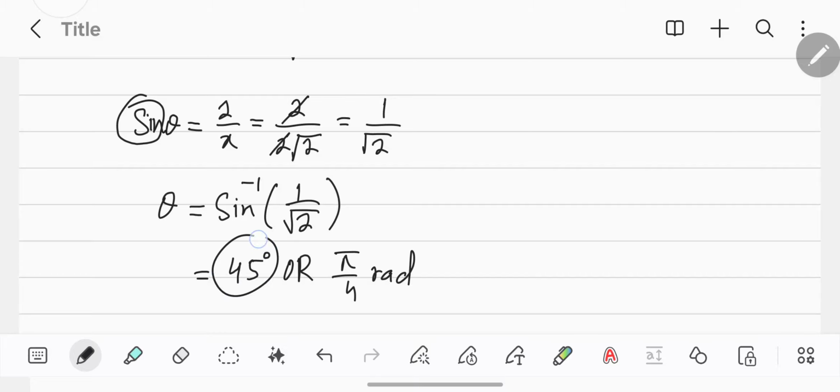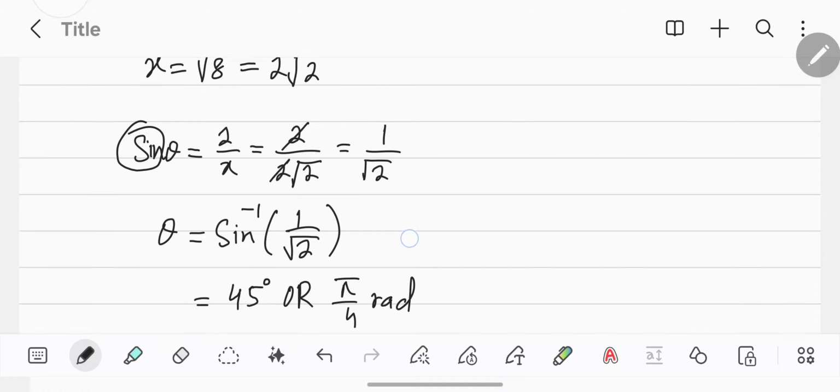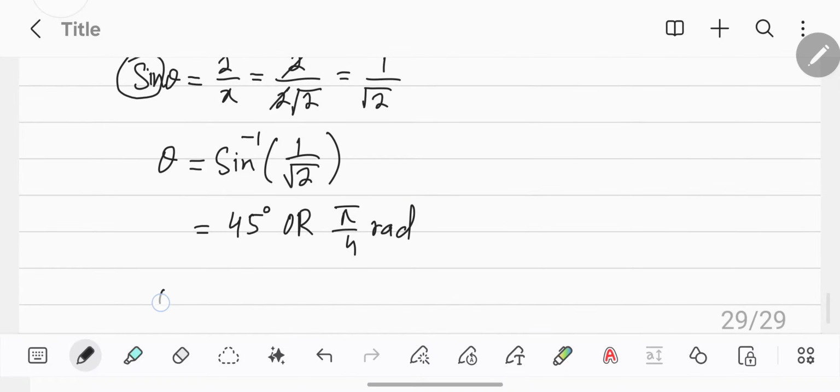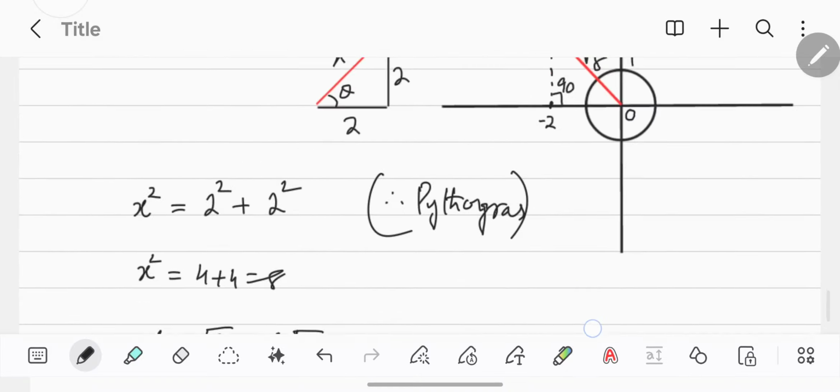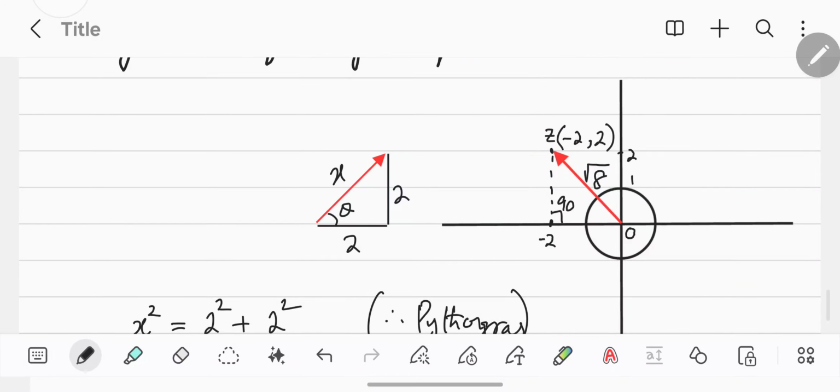Okay. So both are the correct answer. The one is in radian, the other one is in degrees. So my angle is pi by 4 or 45 degrees. Okay, so theta is 45 degrees. But if we look at the picture, in the picture, my theta is from here to here, okay?